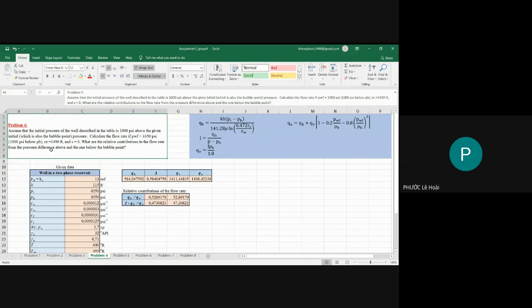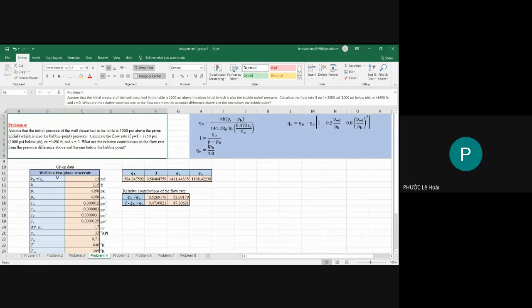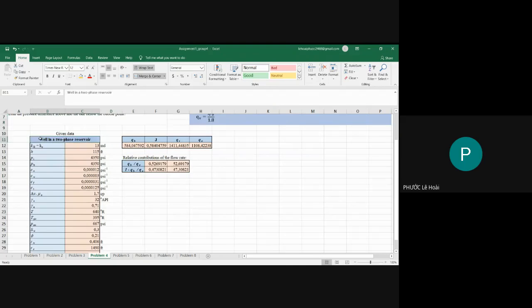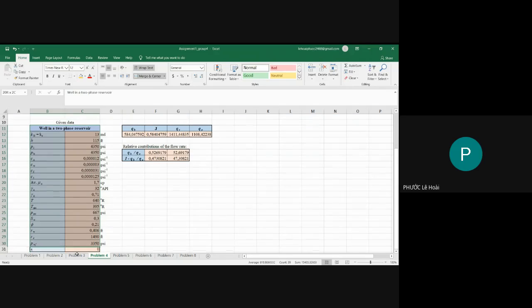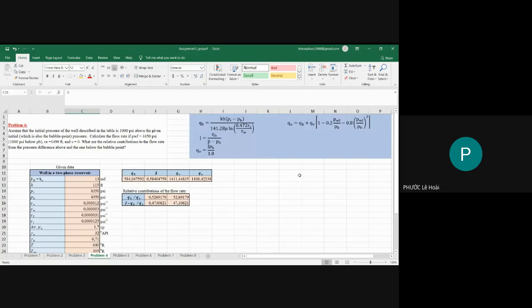First, above the purple point, and second, below the purple point. Same as the other problems, we also have the data table here, and in this case the scale factor is also equal to 0.